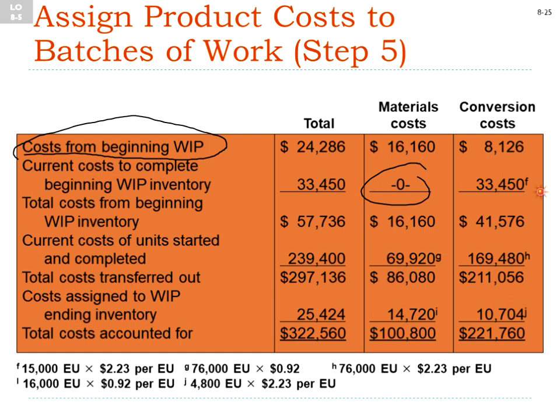That's going to be your conversion costs. So again, you need to pay attention to when certain components of an item are added to the process. Materials were added at the very beginning, so you're not going to need to add any more materials to finish up what's in work in process inventory.